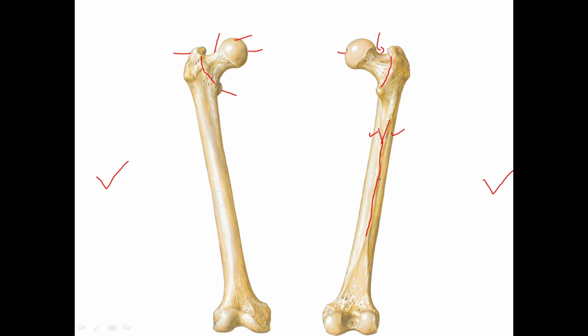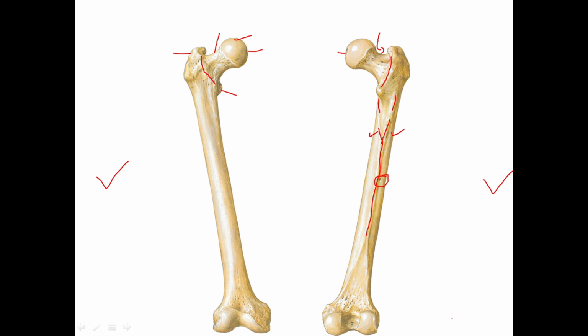Very prominently, posteriorly, at this place we have the gluteal tuberosity. Inferior to the lesser trochanter, here we have the pectineal line. In the shaft we can also see one foramen here, that is the nutrient foramen.